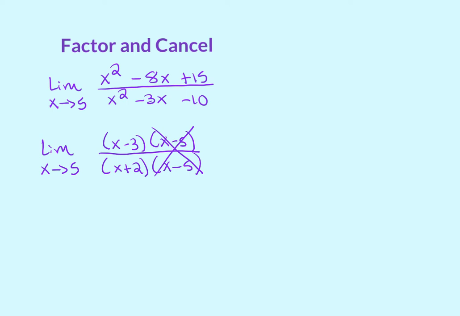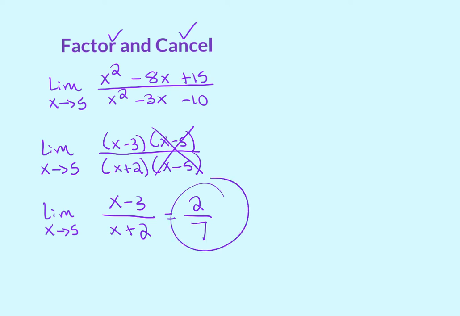So now I have the limit as x approaches 5 of x minus 3 over x plus 2. After I factor and cancel, I can now do direct substitution, plug in 5. So 5 minus 3 is 2, 5 plus 2 is 7. So as the x value approaches 5, the y value approaches 2/7.